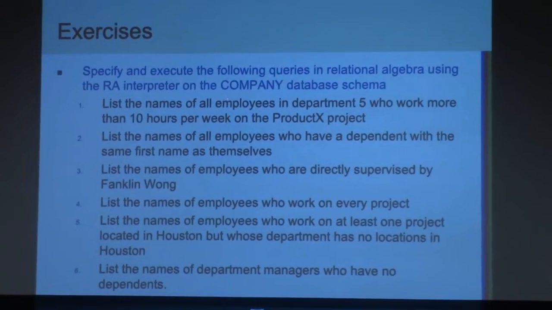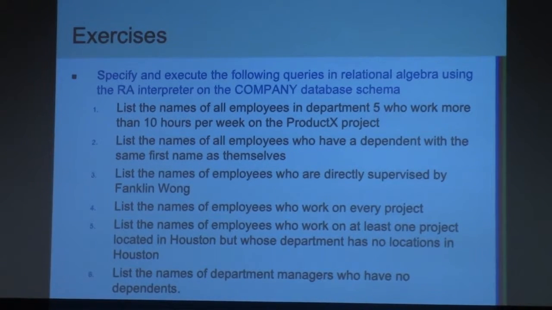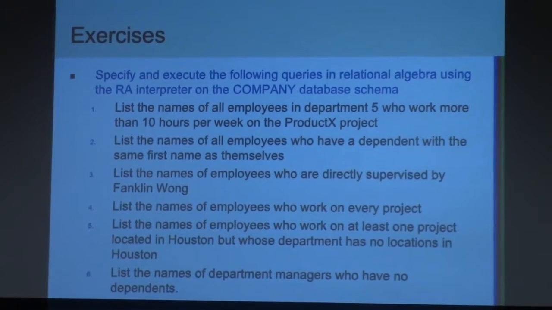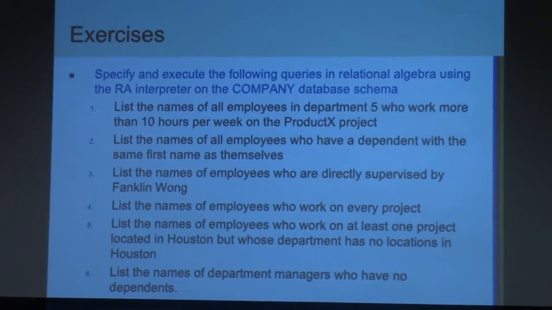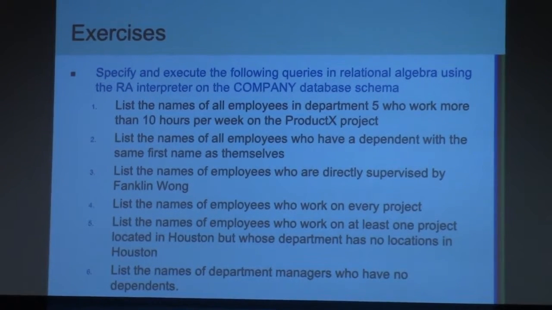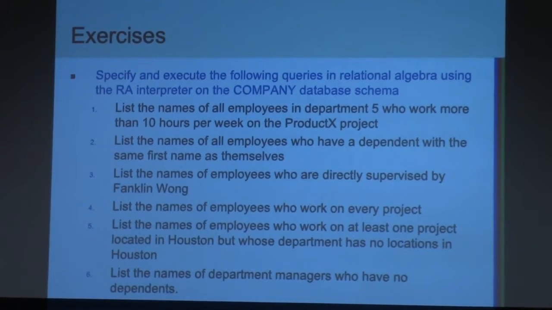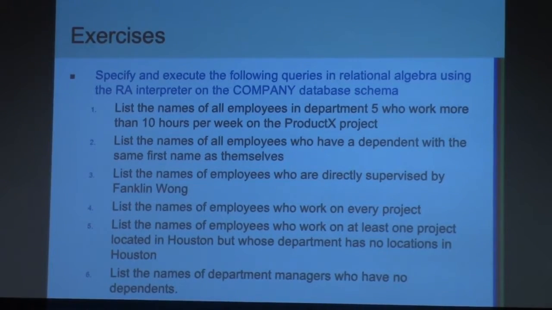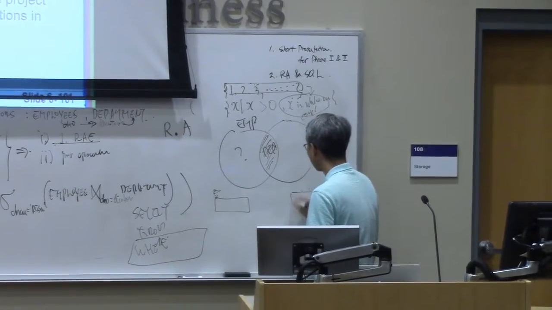Here, we have the foreign key between employee and project. Works on hours, the number of hours. At that time, we don't have it. However, in the relational schema diagram, where can you get the 10 hours? The Works_On table. So you need to access 3 relations: employee, and project.